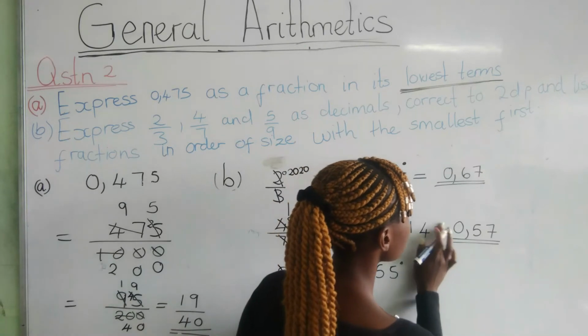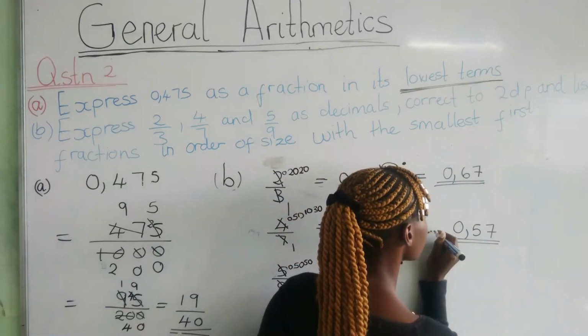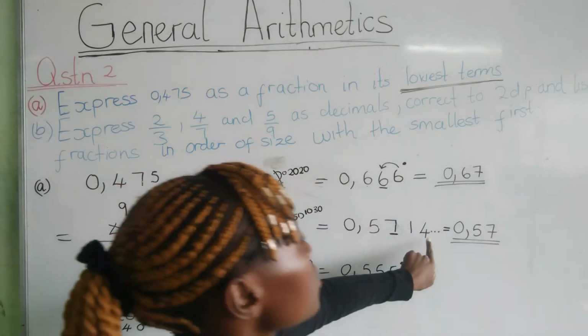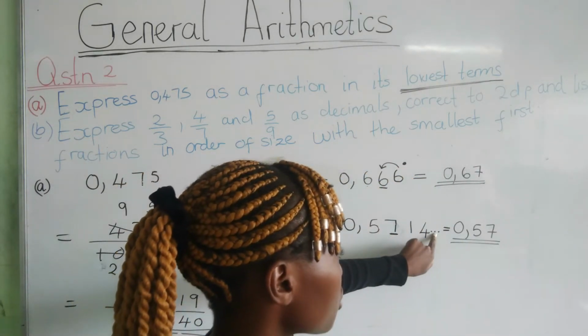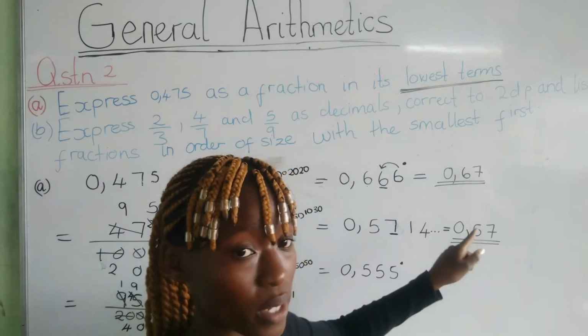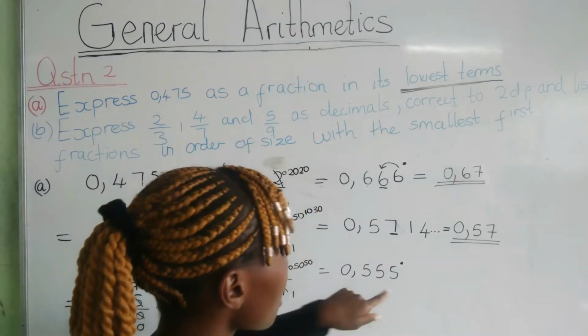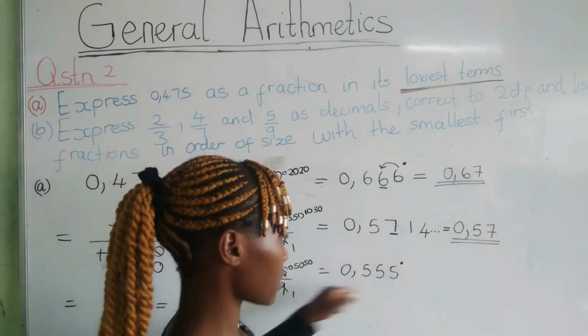For this part, we put dot, equals, to show that it's still going. Do not forget the dot, to show that it's still going. It did not end here. Okay, guys. And for this part, we put the recurring sign.